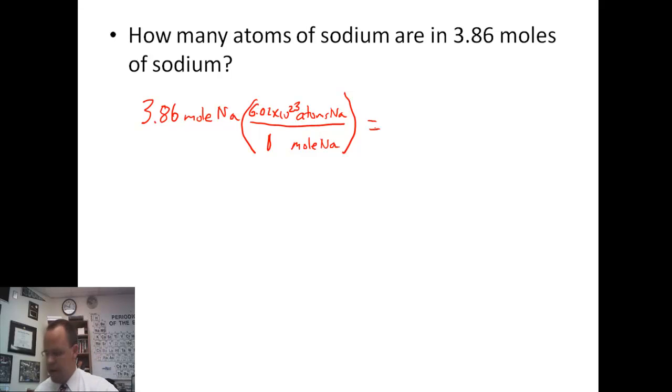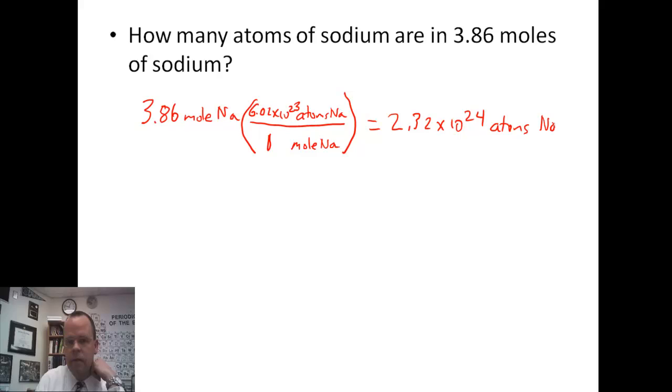So we'll multiply by the numbers on the top, divide by the 1 on the bottom. So 3.86 times 6.02 times 10 to the 23rd. Keep the 3 significant figures from our original number. So 2.32 times 10 to the 24th atoms of sodium.